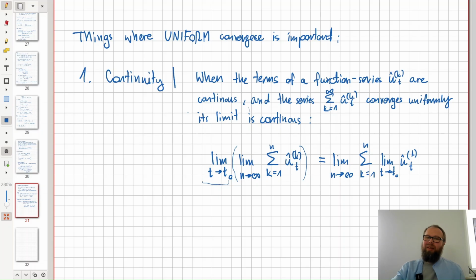And one more thing about this: if you want to calculate this limit t goes to t0, this equation basically defines what you have to do, because this thing is nebulous. It's a procedure, not a concrete value you can work on. But uniform convergence allows you to just go to the limit first on the terms which you have written down, the formulas, and then sum them up and get your result, and it will be the same as if you first summed and then went to the limit.